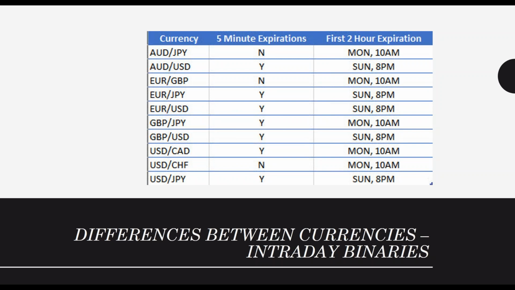On the euro dollar, it is 8 p.m. On the British pound, it is 10 a.m. On the British pound dollar, it is 8 p.m. On the USD CAD and Swiss franc, they both have the first expiration at 10 a.m., and then the USD JPY, the first expiration is at 8 p.m.